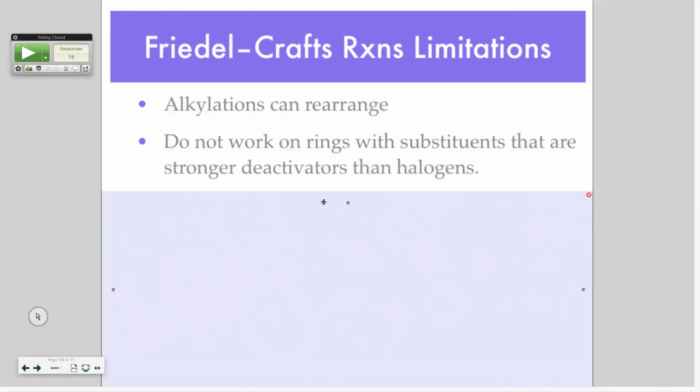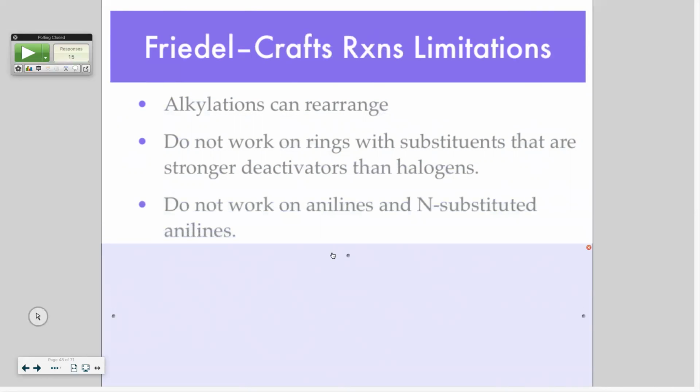That would be all of the meta directors: nitro, SO3H, CO2 something. None of them can you do a Friedel-Crafts alkylation or acylation on.